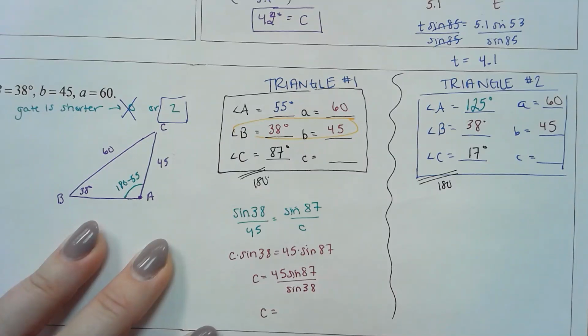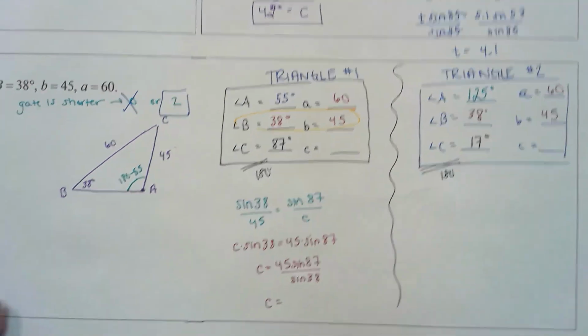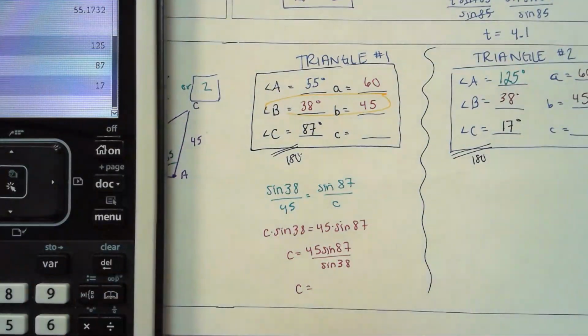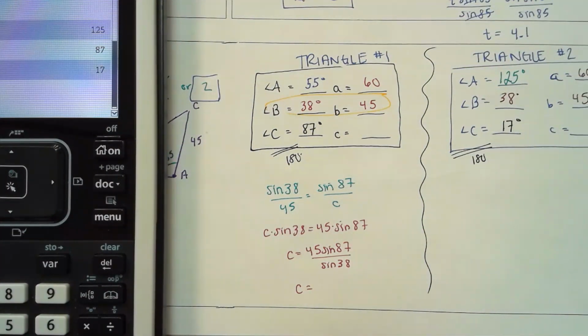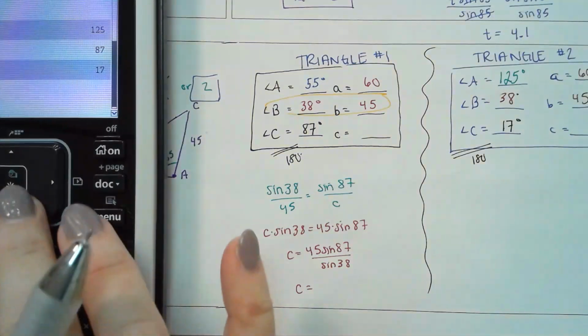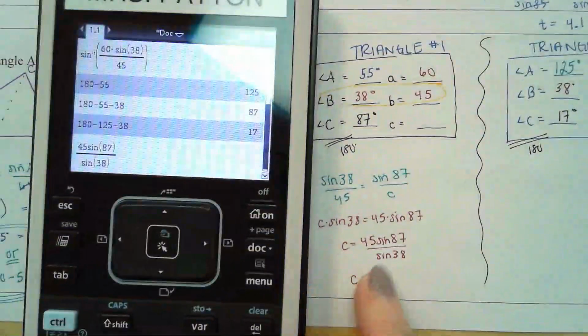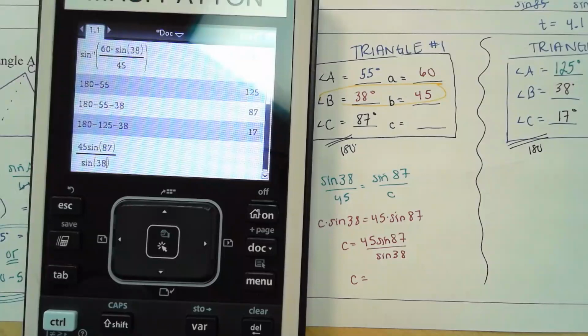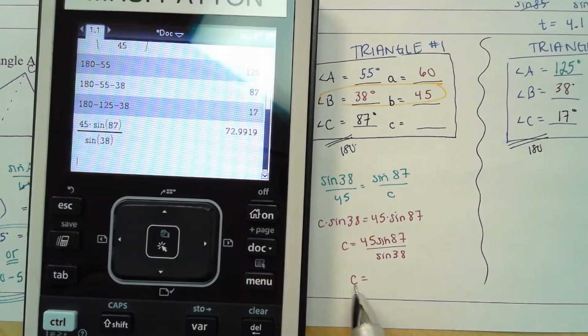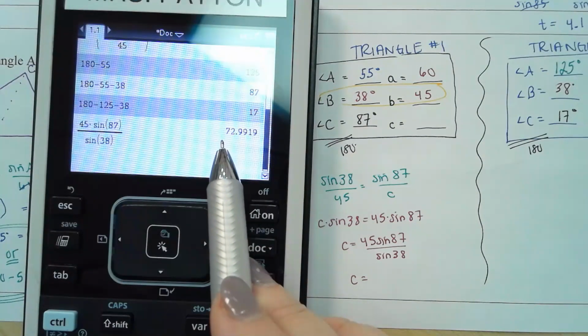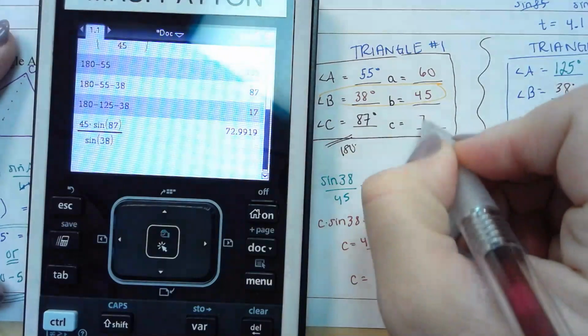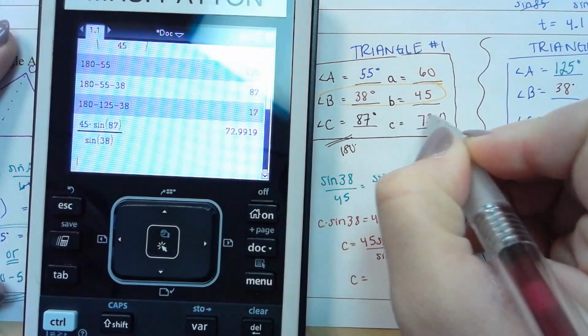The math here today is not new. We've been doing this, finding missing things in triangles. What we're really talking about today is organization and making sure that we're finding everything we need to and considering every case. I'm sorry, I'm typing this into my calculator. And so I get C equals, let's call that 73.0 if we're rounding to the nearest tenth.